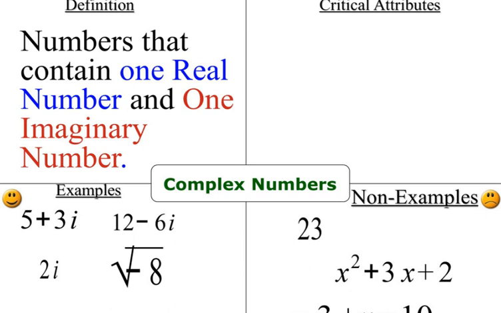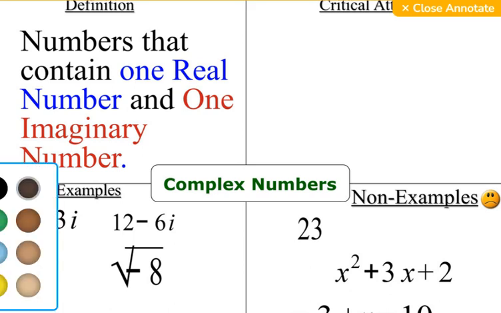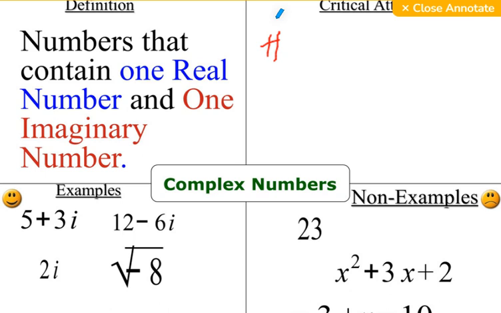Tell your neighbor why those are not complex numbers. Everyone, why are those not complex? They don't have an i. No imaginary.